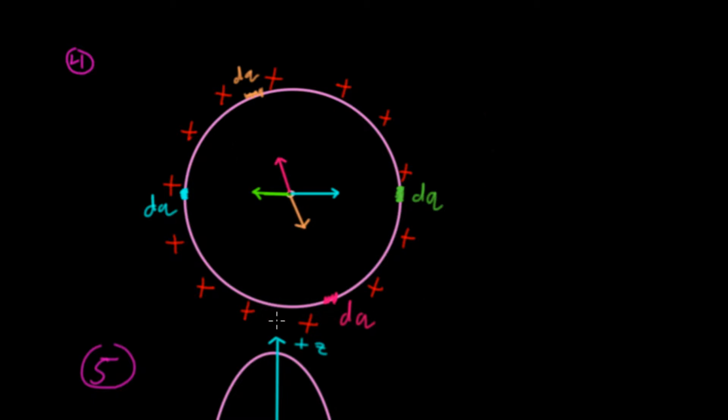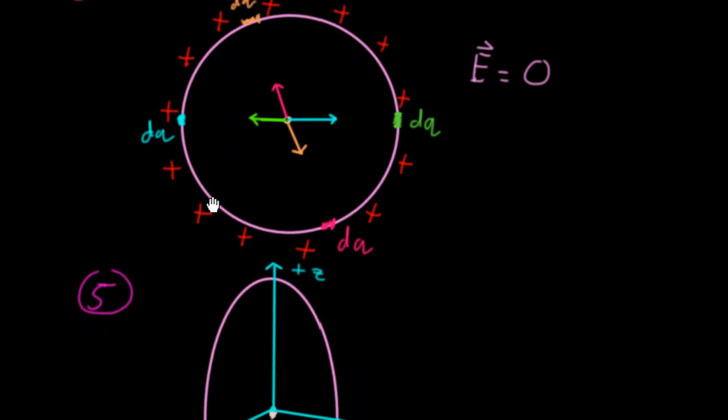And you can go around the entire ring and do this, and what you find is that for every dq on one side of the ring, there's another dq whose electric field vector at the center of the ring is going to cancel its electric field vector. So we end up finding that the net, or the resultant electric field at the center of this ring of uniform charge density is actually 0. So E here, the net E at the center, is 0.